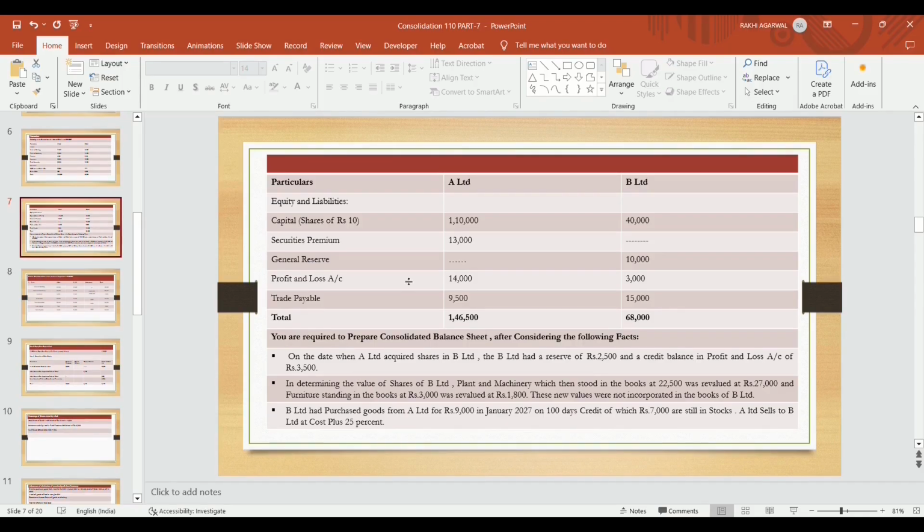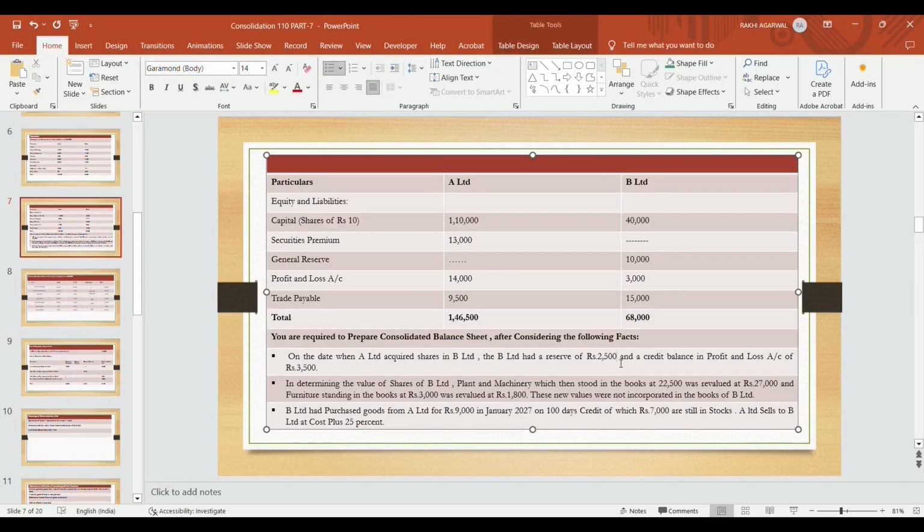Now in the consolidated financial statement, on 31st March 2027, the reserve of B Limited becomes 10,000. At the time of acquisition the reserve was 2,500, and at the time of consolidation it becomes 10,000. So there is an increase of 7,500 in reserve.